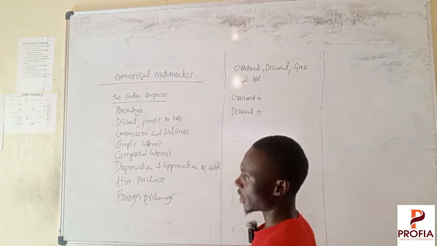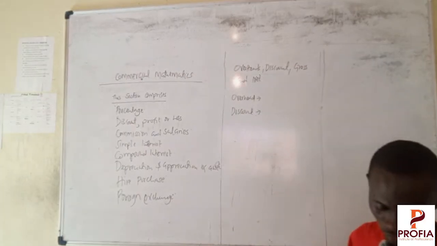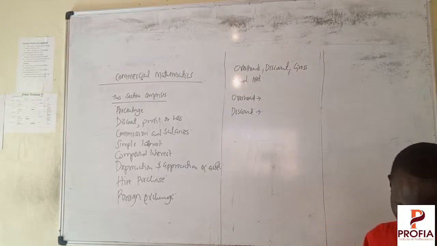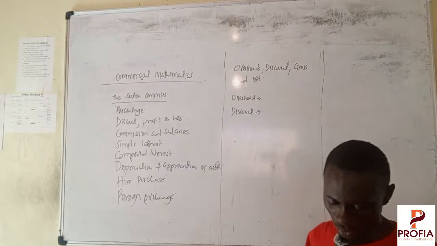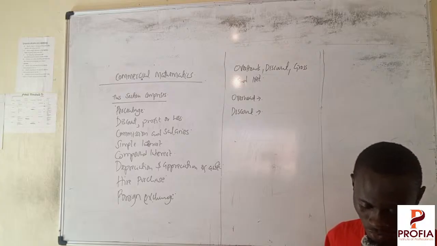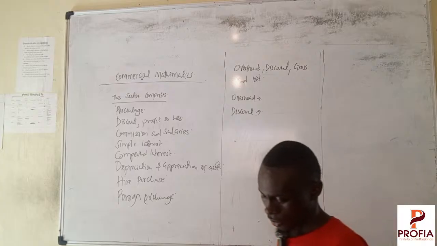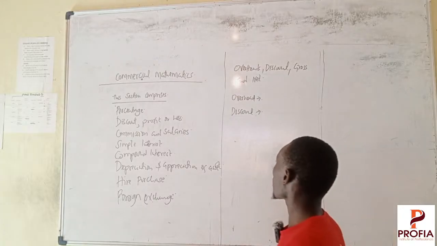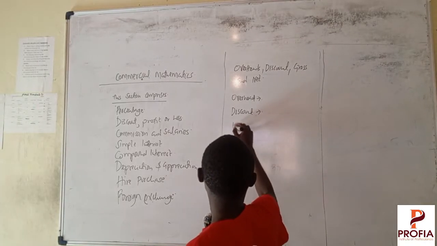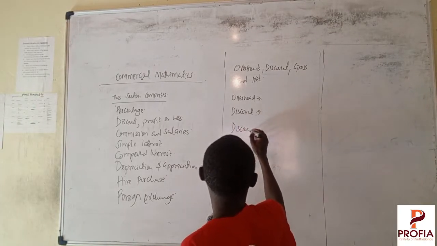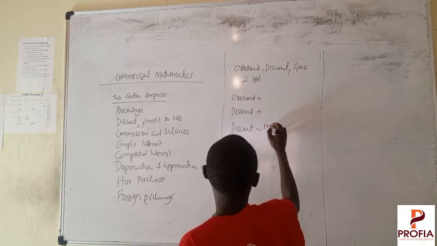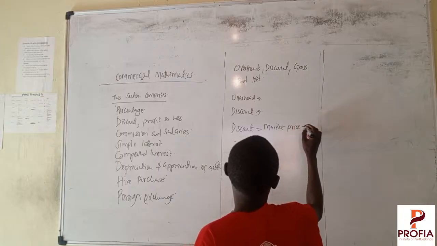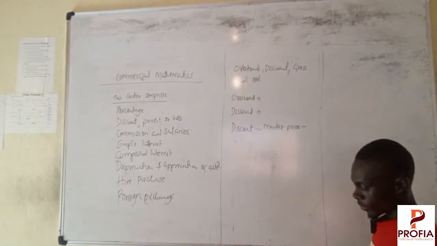The formula of getting discount is equal to market price minus selling price.